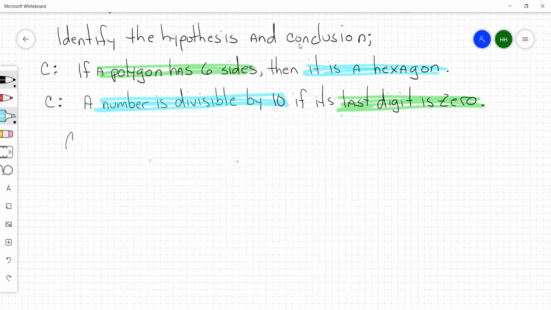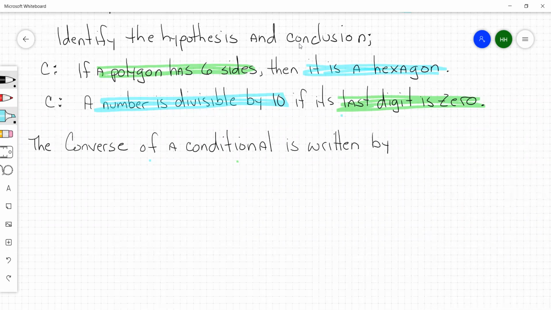The converse of a conditional is written by switching the hypothesis and conclusion.